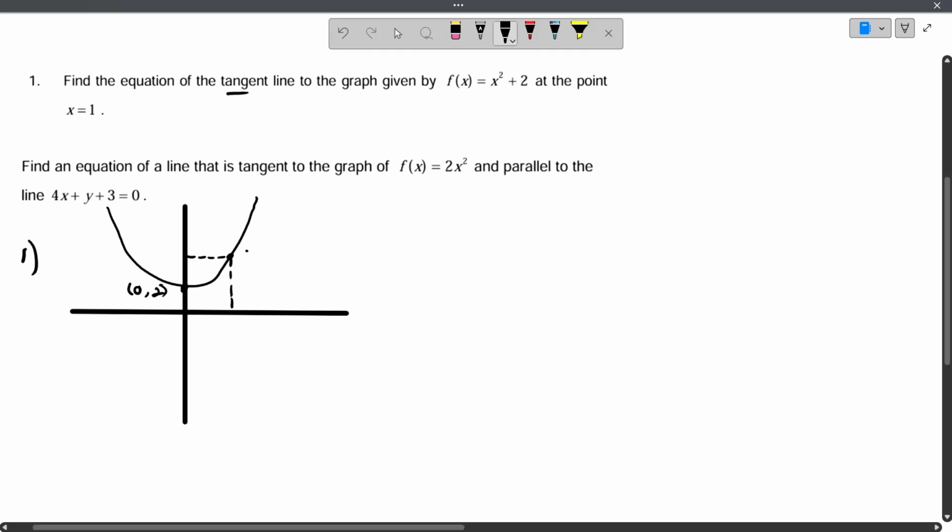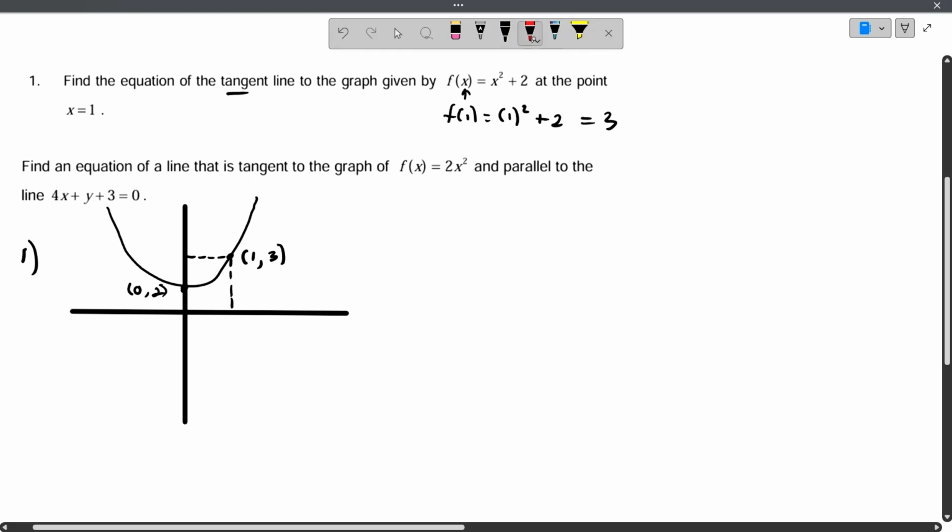So at x equal to 1, I'll take this 1 and substitute it in place of my x. Therefore f(1) will be equal to 1 squared plus 2, that is 3. So at x equal to 1, I have my y, which is 3.